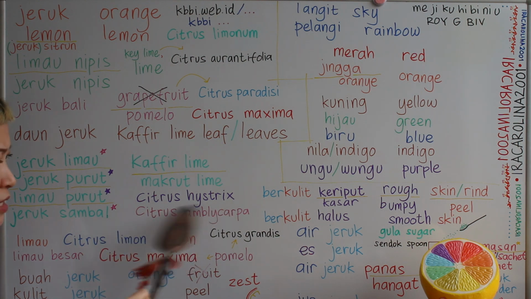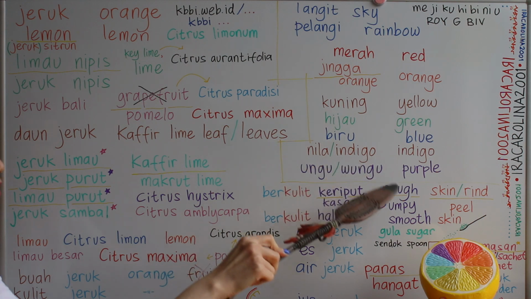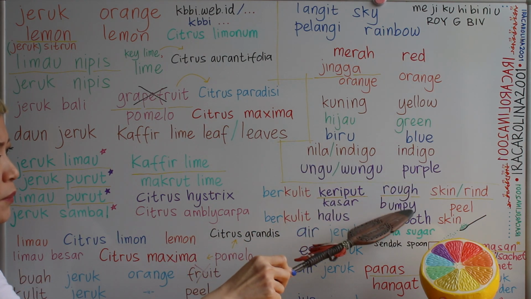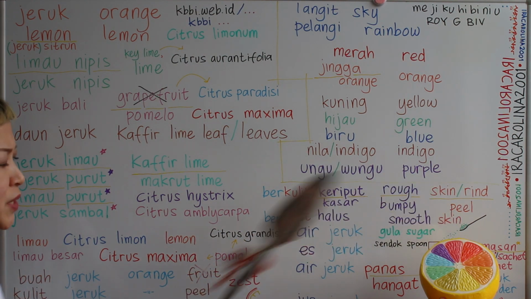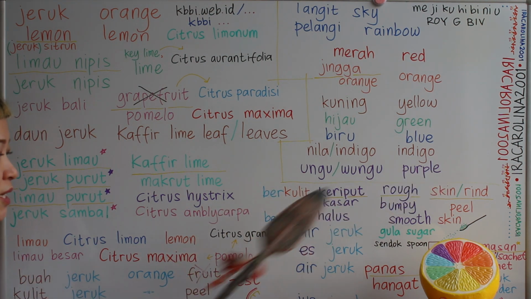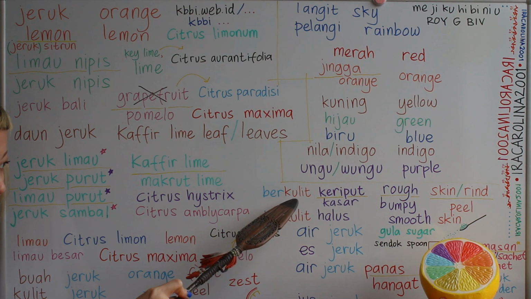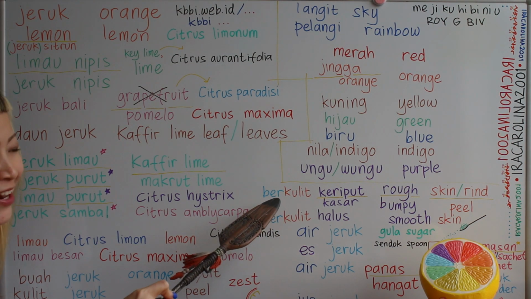The Citrus hystrix is bigger with rough skin or bumpy skin or rind or peel. In Indonesian language, we say it as berkulit. Kulit is skin. Ber is have or has.